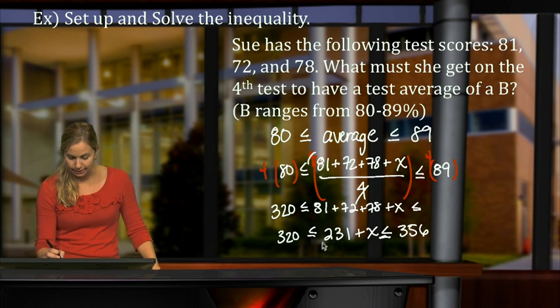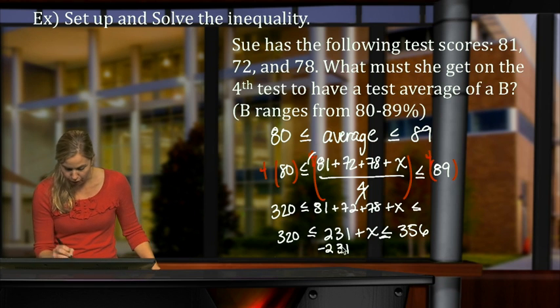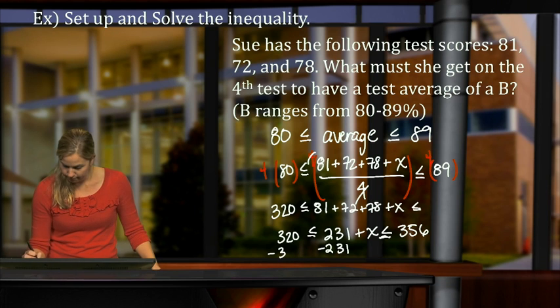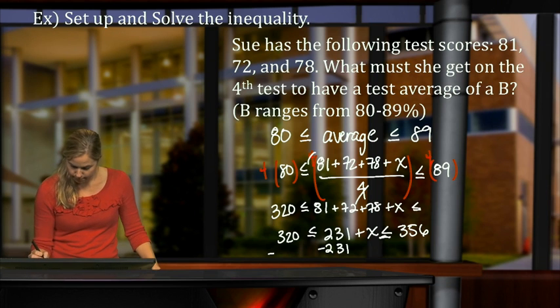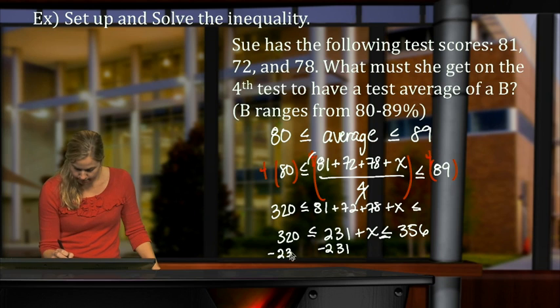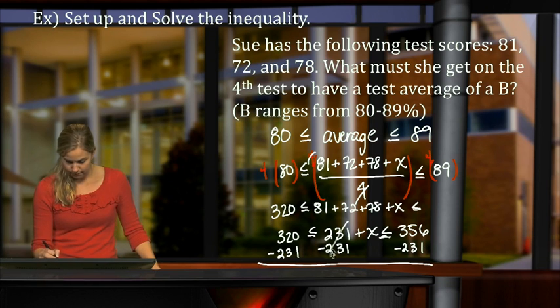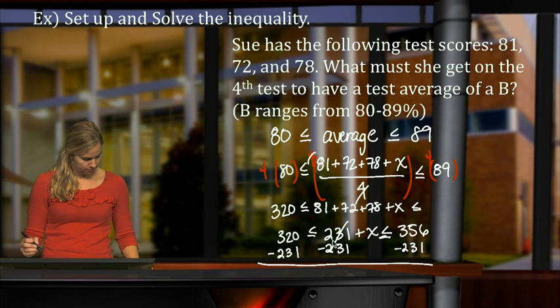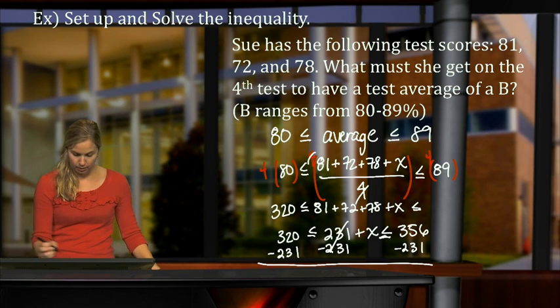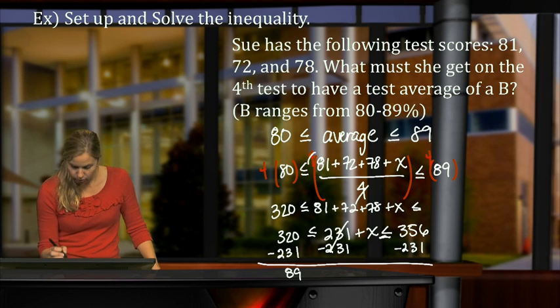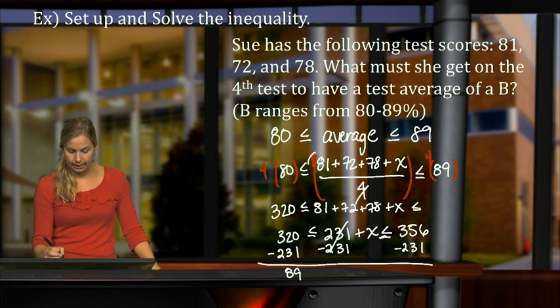To solve for x, we're going to subtract that 231 from every side. We have 89. 320 minus 231 is 89.